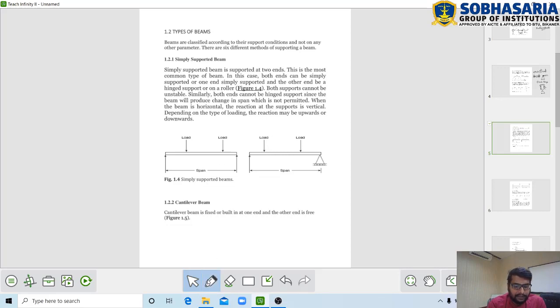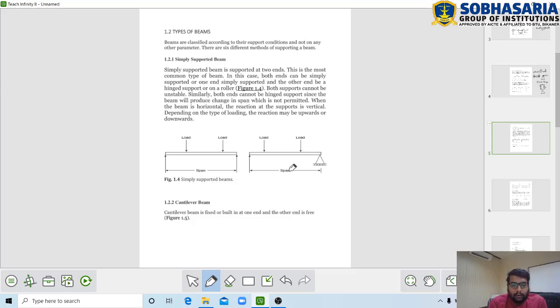It can be represented in problems either by two arrows which indicate the support and the support reactions caused due to the support, or it can be shown with one hinged support and another one roller support when it is supported on the two ends.